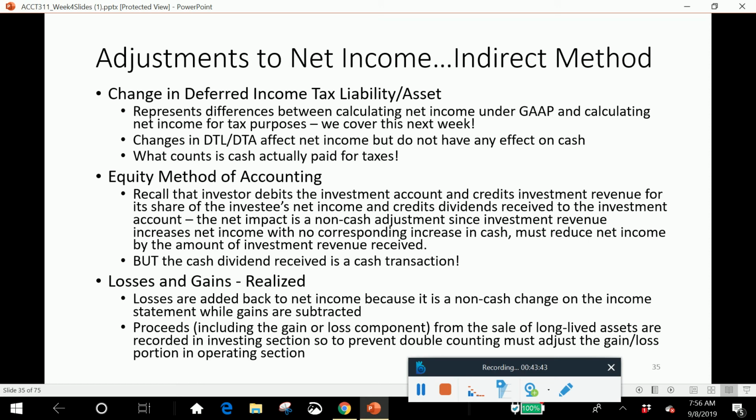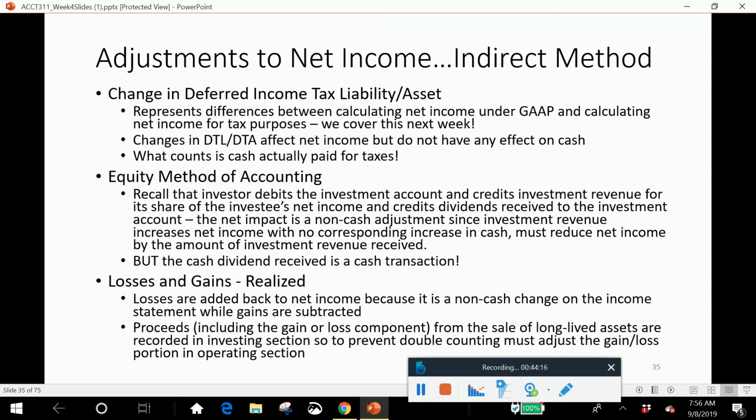Both of those net impacts are non-cash adjustments since investment revenue increases net income without a corresponding increase in cash. We must reduce our net income by the amount of the investment revenue received. However, if we got a dividend and we actually received cash, then that is considered a cash transaction. So that one does not need to be adjusted for.